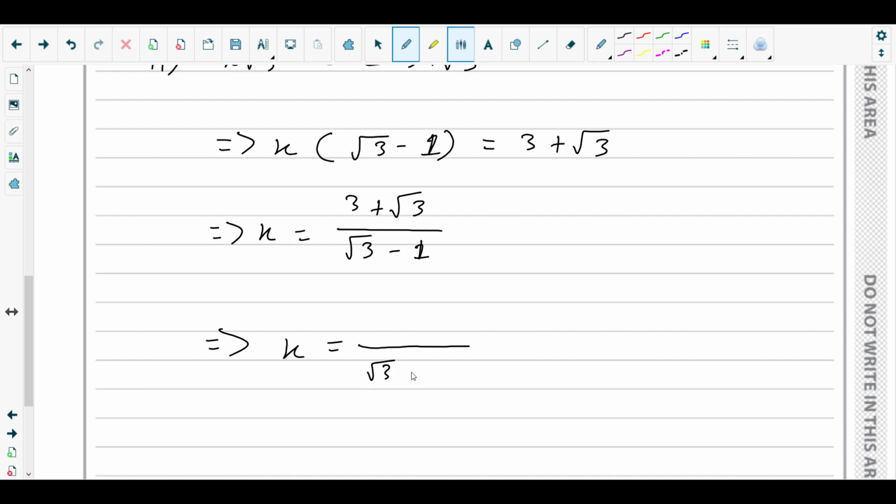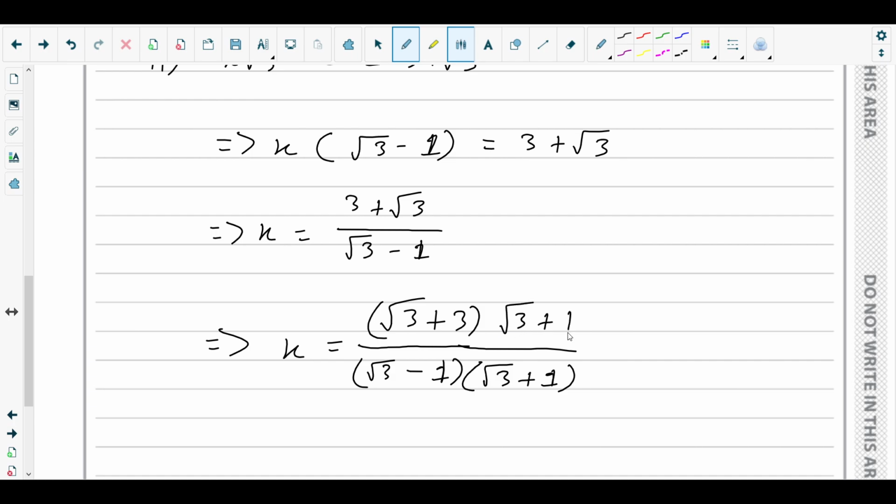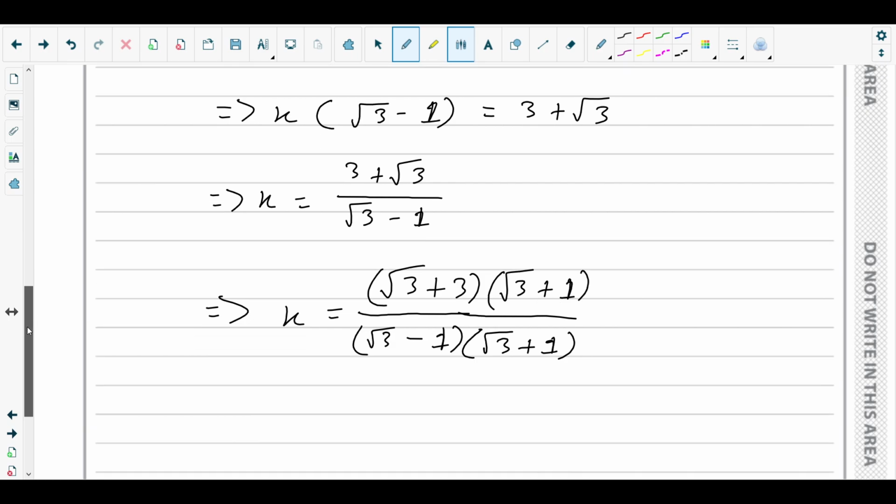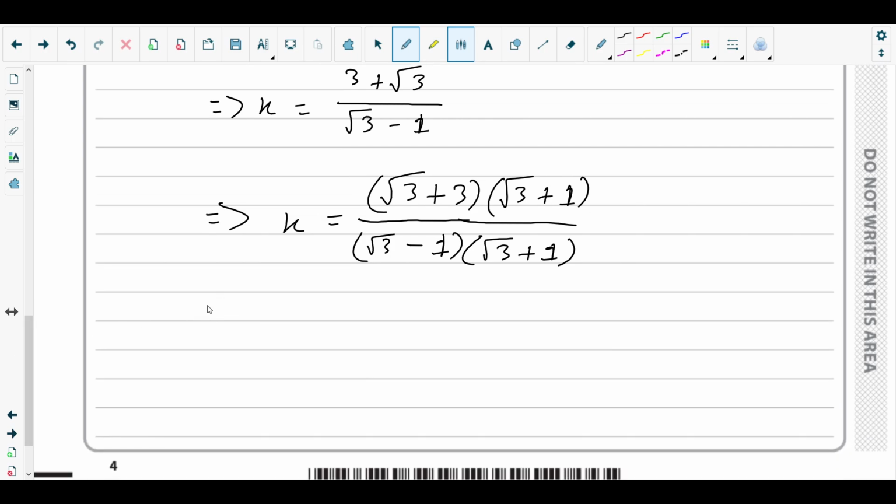In the denominator you have square root of 3 minus 1, so its conjugate pair is square root of 3 plus 1. Multiplying the top and bottom by the same expression will not change the value of the fraction. So let's expand.